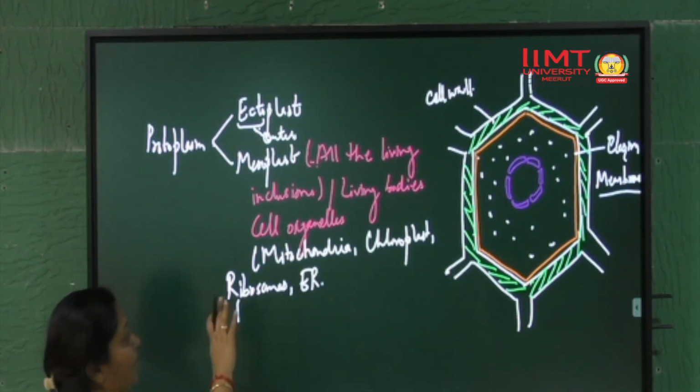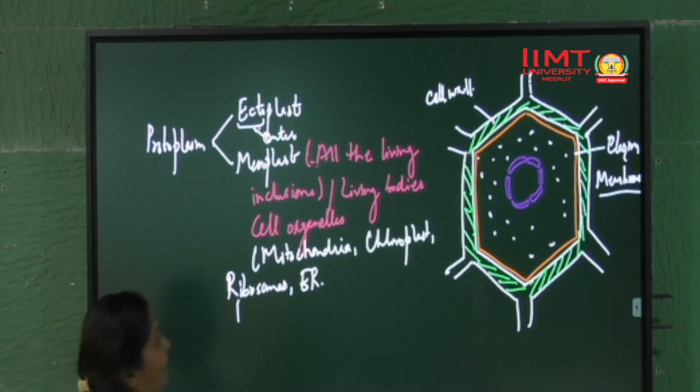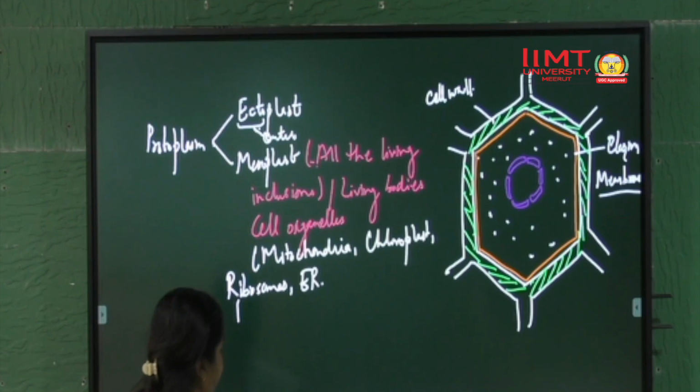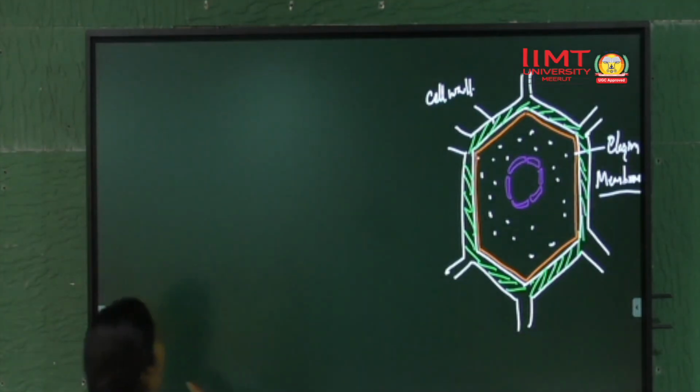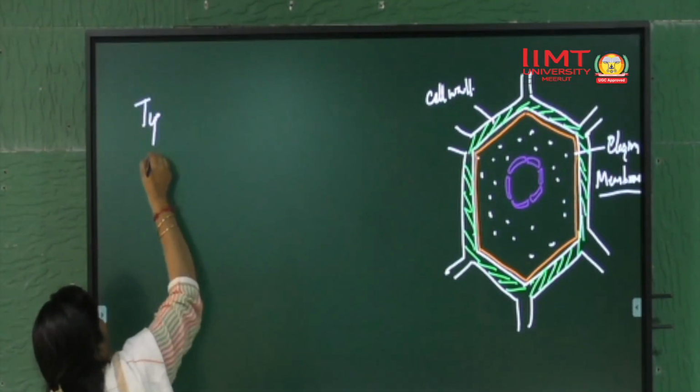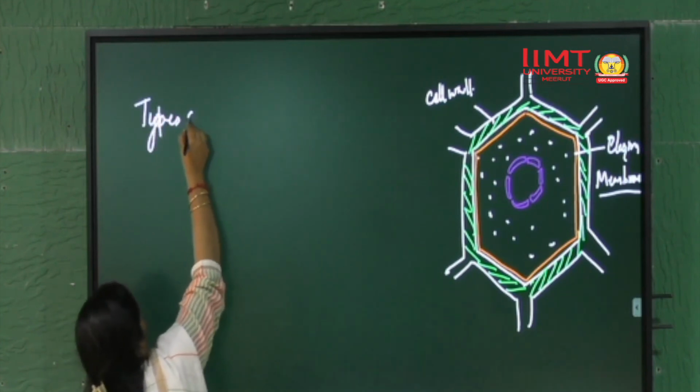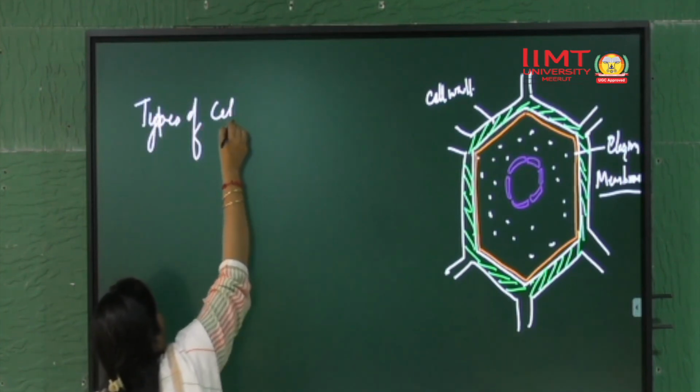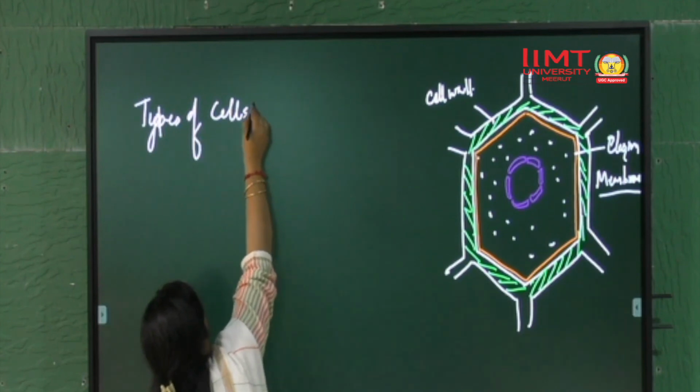This is the structure of a cell, on the basis of which we can divide its organization, and we can say that it may be of 2 types or 3 types. Now, we are coming to the types of cells.